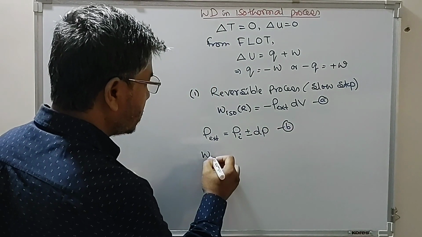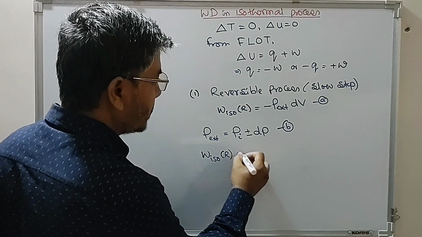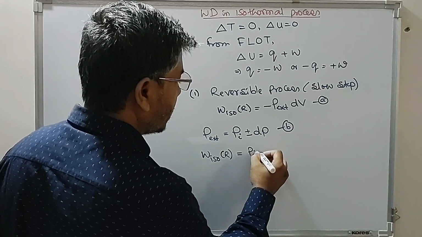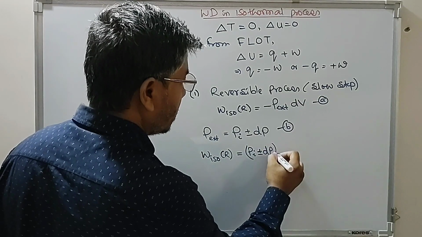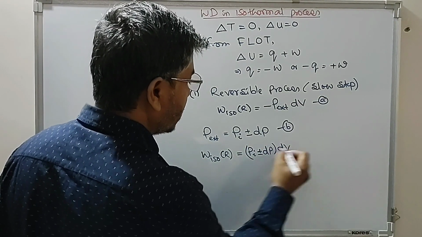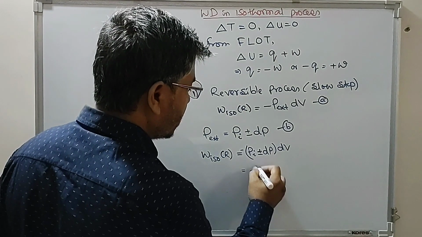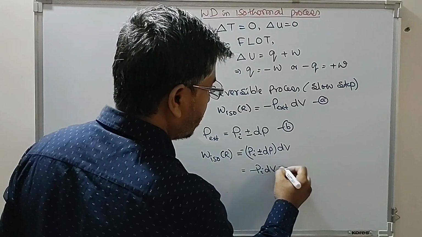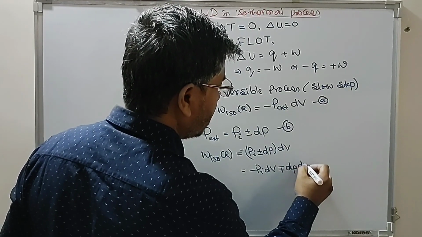work done isothermal reversible is equal to minus (Pi plus or minus dP) into dV. So we can say this is minus Pi dV minus or plus dP dV.